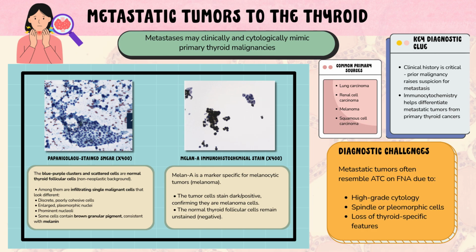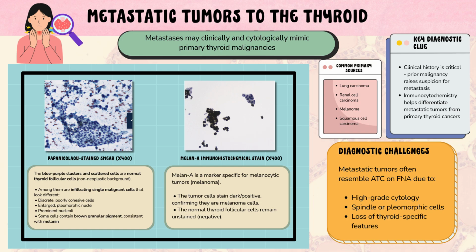Some of these abnormal cells contain brown pigment, which is melanin, suggesting a melanocytic origin. This pattern is unusual for primary thyroid cancer and raises suspicion of metastatic disease. Next, an immunohistochemical stain called Melan A is used. Melan A is a specific marker for melanoma.